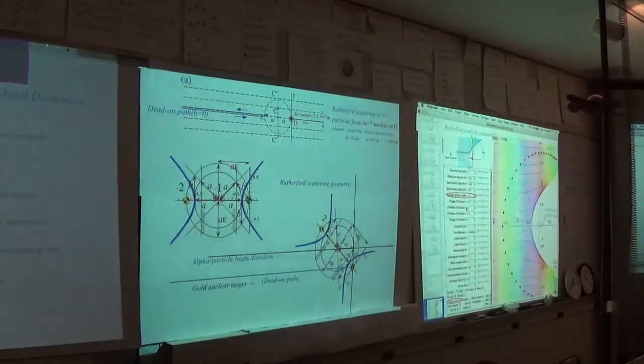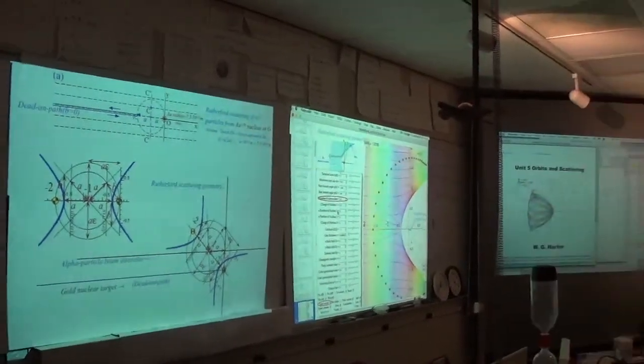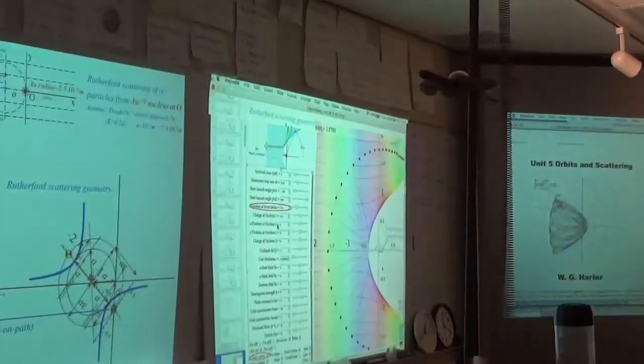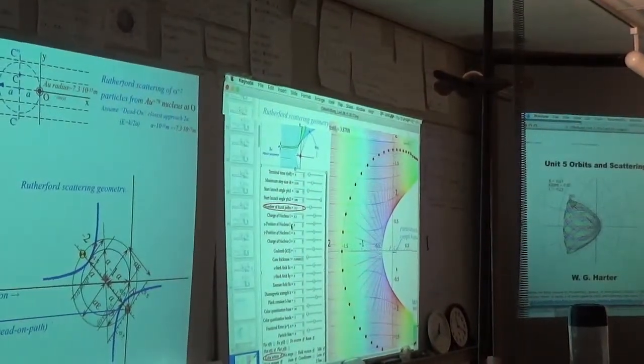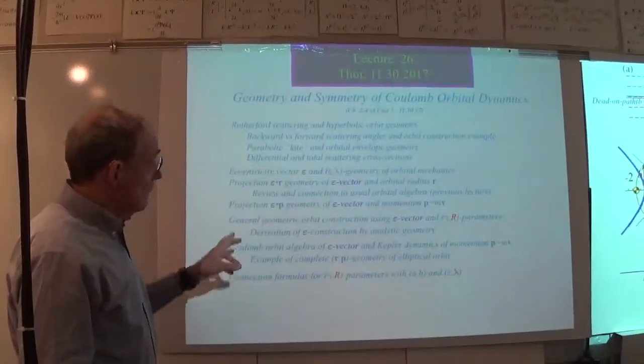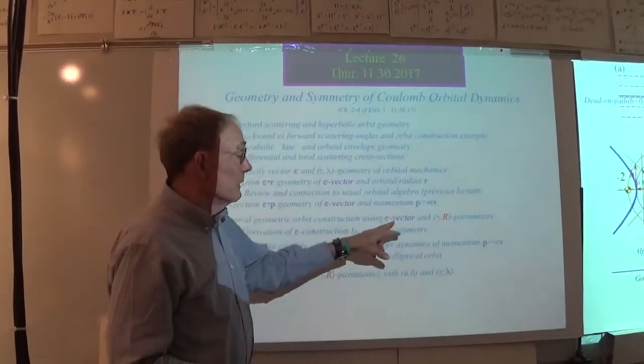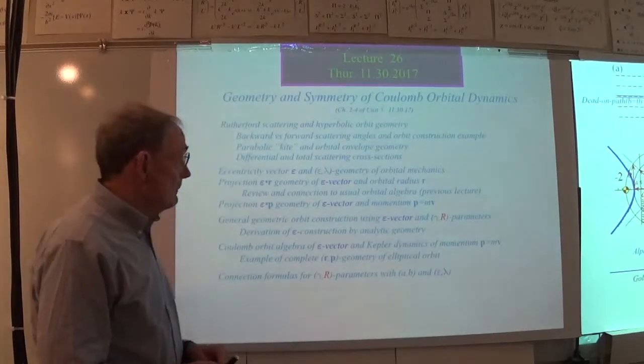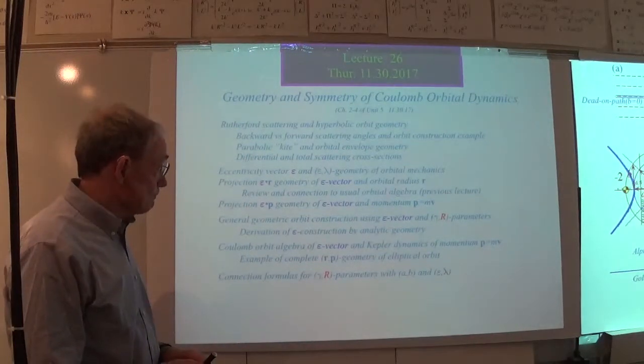So we'll do that, and we'll then come to this really elegant way of treating Coulomb fields and Coulomb quantum mechanics, as well as the classical. Then another way, still yet another way, a third way, to parameterize Coulomb orbits.